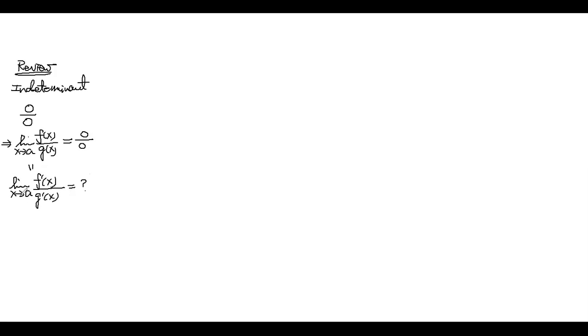One thing some students get confused about is they think the derivative is taken of the whole thing. No, the reason L'Hopital's rule is very easy is that you take the derivative separately: the derivative on the numerator and the derivative on the denominator, okay?